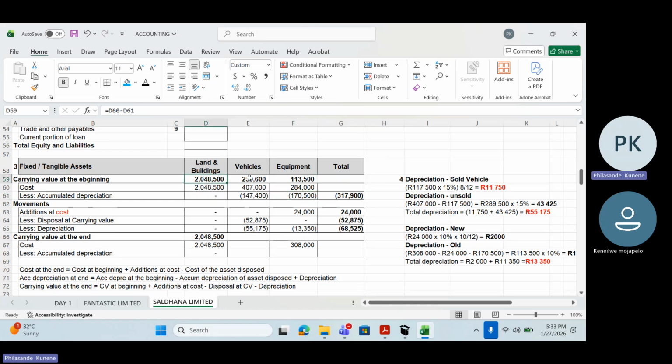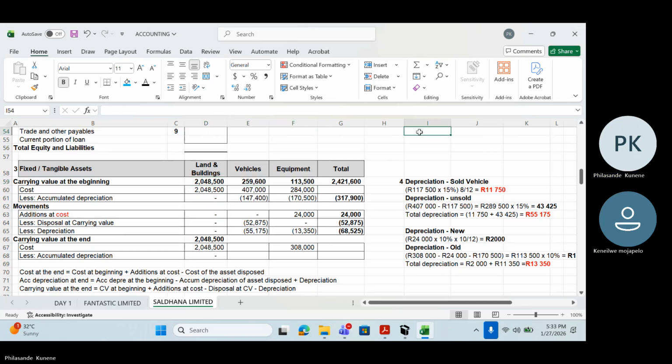Now I need to add all these carrying values, and we get 2,421,000. Here we have all the cost prices, 2,739,500, and if I take this minus this, I get 2,421,600. These are the carrying values at the beginning.